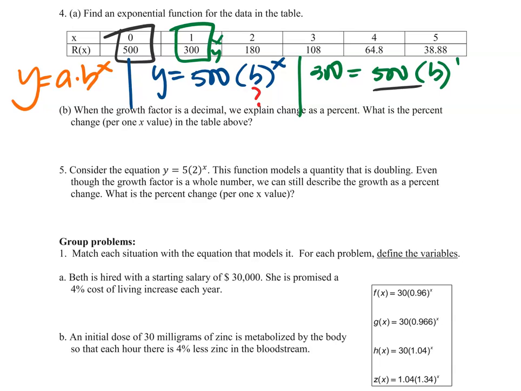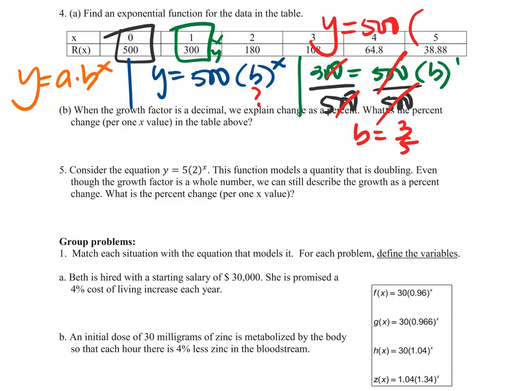So we divide both sides by 500 and now we can say that b is equal to 3/5. So now we can write our equation. So find the exponential function. That's going to be y is equal to, our a is 500 and your b is 3/5, raised to x. So this is our answer.